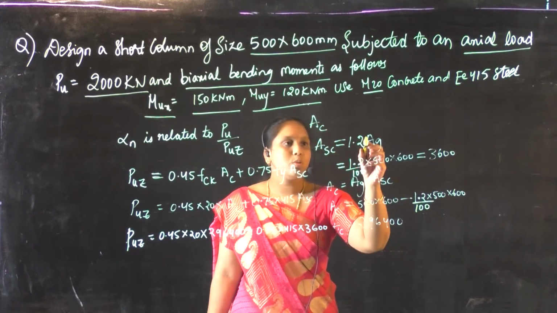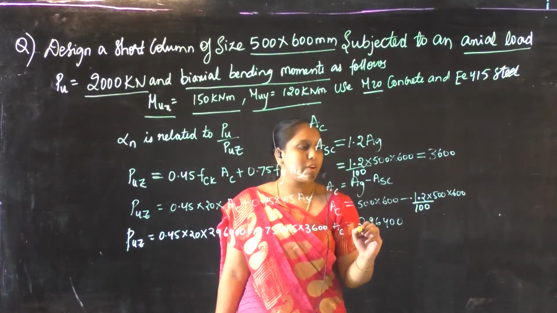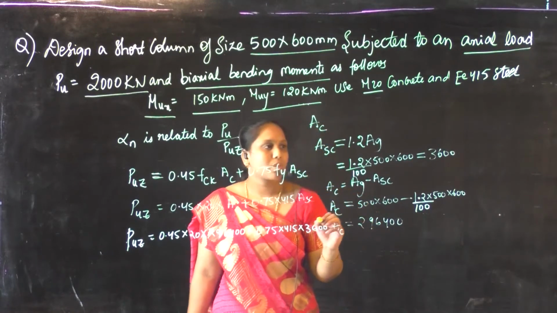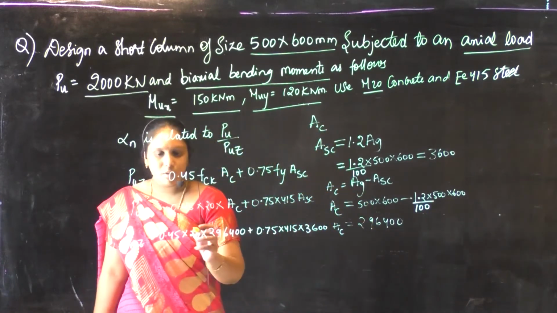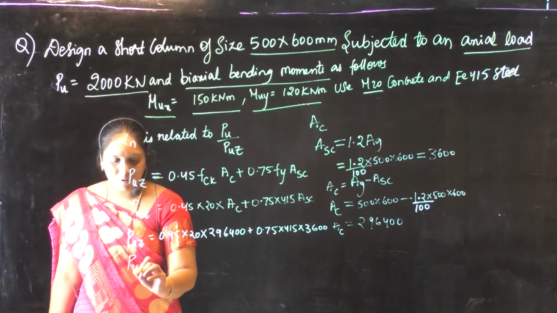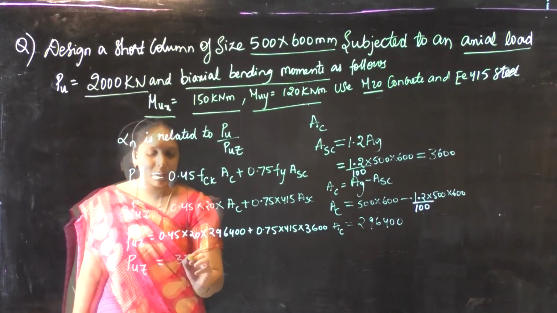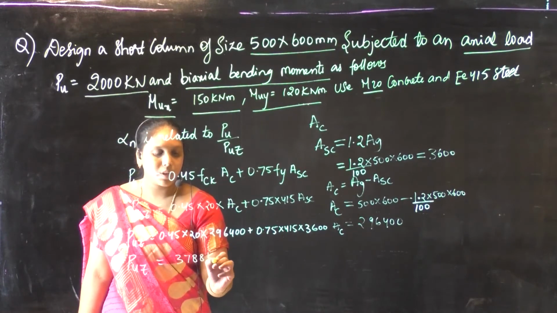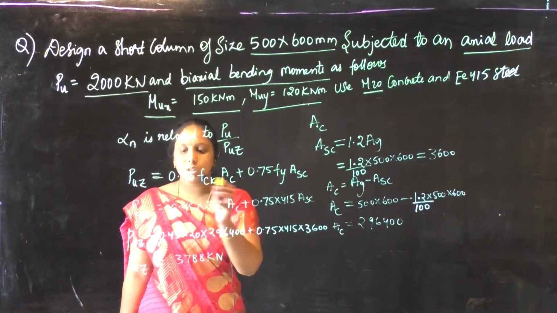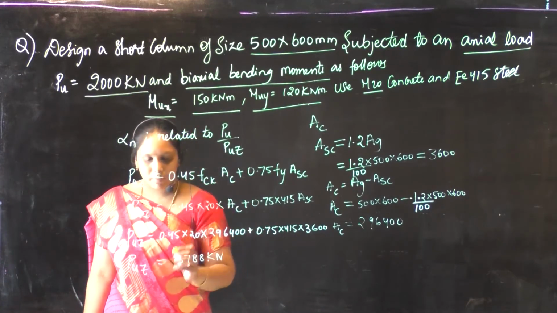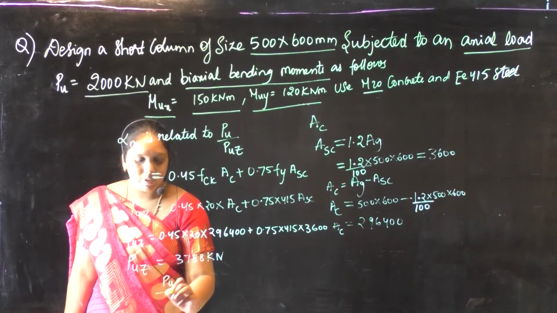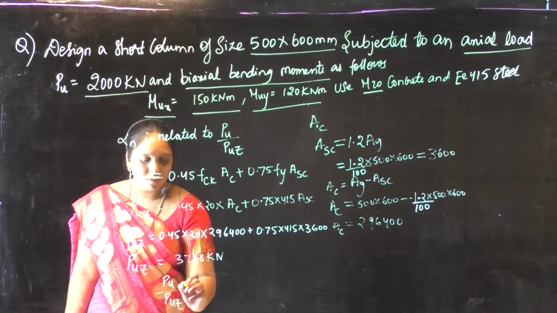So 1.2% of Ag, so you have to divide by 100. From this you will get a value of PUZ as 3788 kilonewton. So this will be your PUZ. Now what we have to calculate? We have to calculate PU by PUZ.